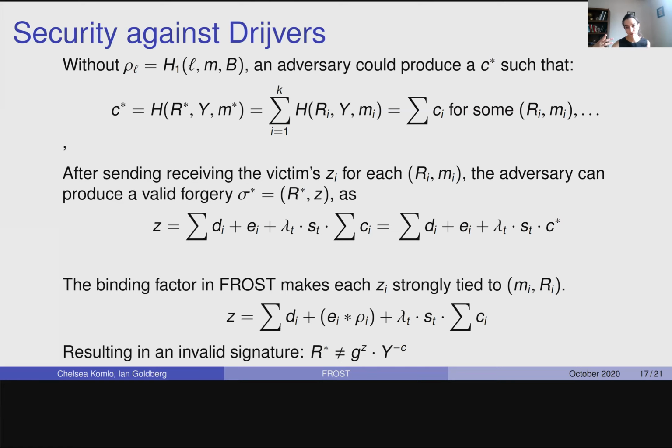So if an adversary tried to combine these signature shares as in the attack above, it would result in an invalid signature, because even though they would have some set of challenge values that summed to some c star, this binding factor wouldn't combine nicely, and it would just result in an invalid signature. So overall, this is what thwarts Wagner's attack.